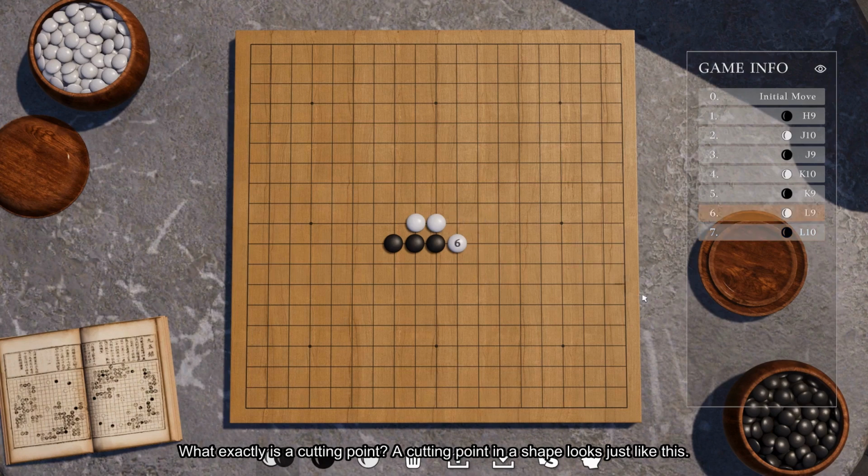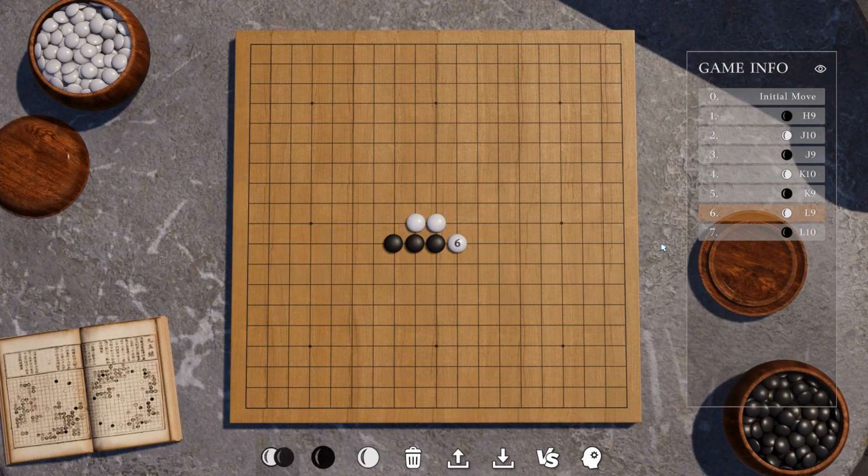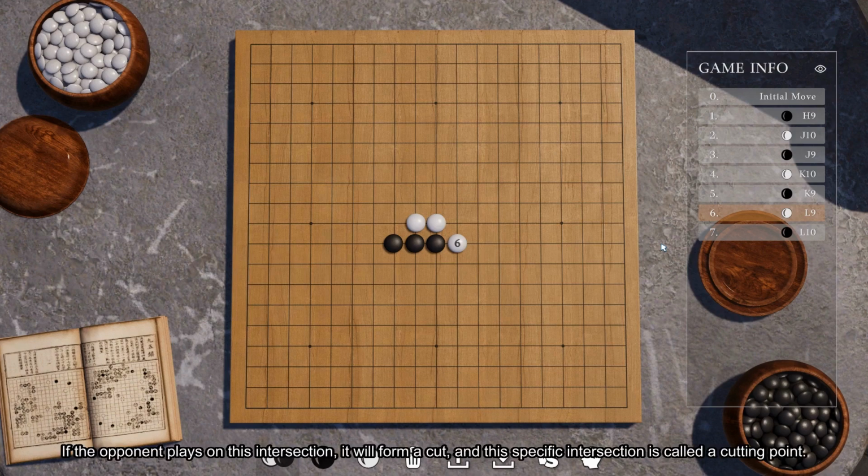A cutting point in a shape looks just like this. It usually refers to the intersection between two adjacent groups of stones that are not yet fully connected. If the opponent plays on this intersection, it will form a cut, and this specific intersection is called a cutting point.